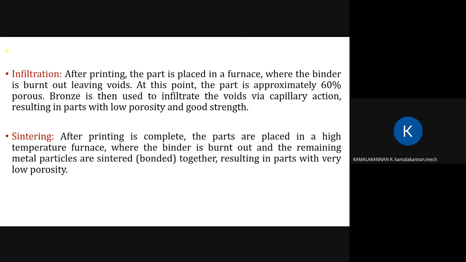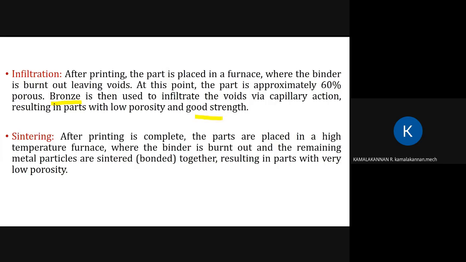We use bronze because it is a low temperature material you can easily provide at low cost, so that it can be infiltrated with the help of capillary action. Once it has been infiltrated, the porosity will be reduced and the strength of the material will be increased. This is one type, infiltration.